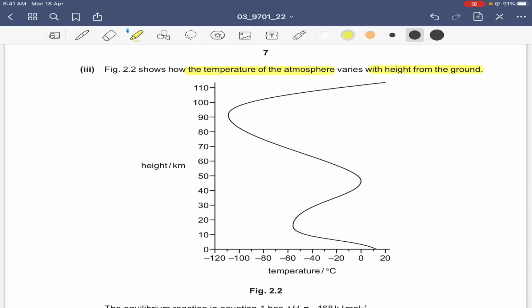Right, on the x-axis we have temperature, on the y-axis we have height, and we can see that as the height is increasing, like from 0 the temperature was around 11 or 12, whatever it is, the temperature is decreasing, right? And after a certain height the temperature starts increasing again, right? And then again it's decreasing. So as we are moving away from sea level, the temperature is varying, right?